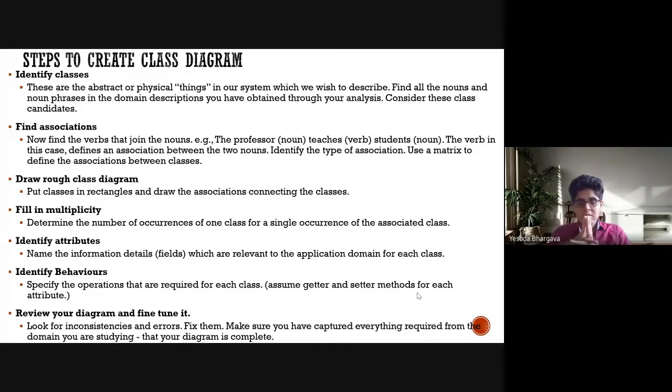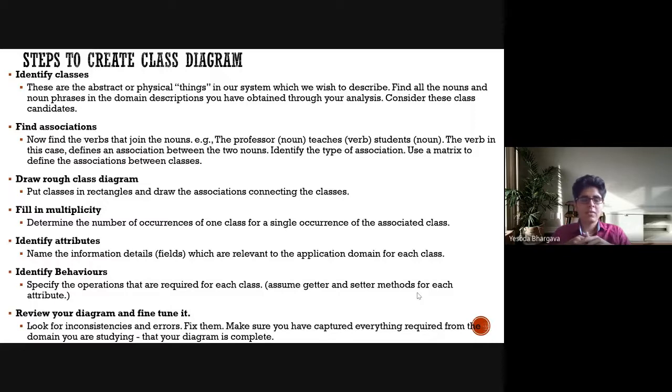After this, you have your first crude version of the class diagram, and then you go on to review your diagram and fine tune it. To be able to review your diagram, you would want to discuss among your team, and also with someone who is mentoring you in creating the class diagram or the overall project. So you would like to seek the feedback of everyone who is associated with the project, and this can be an iterative process.